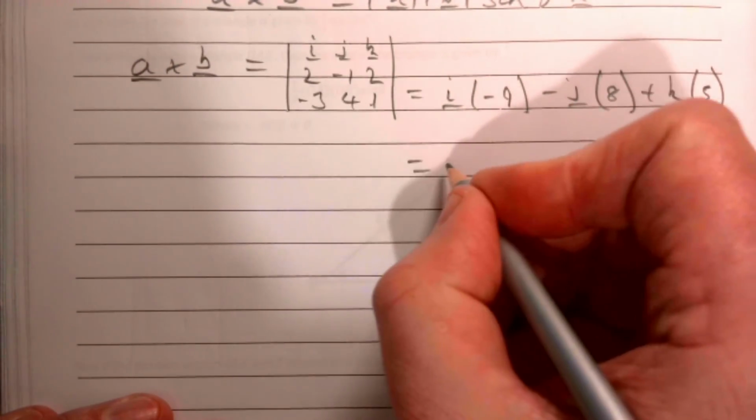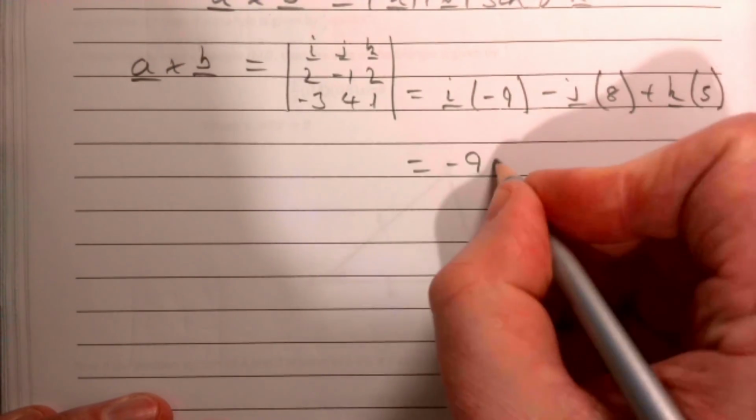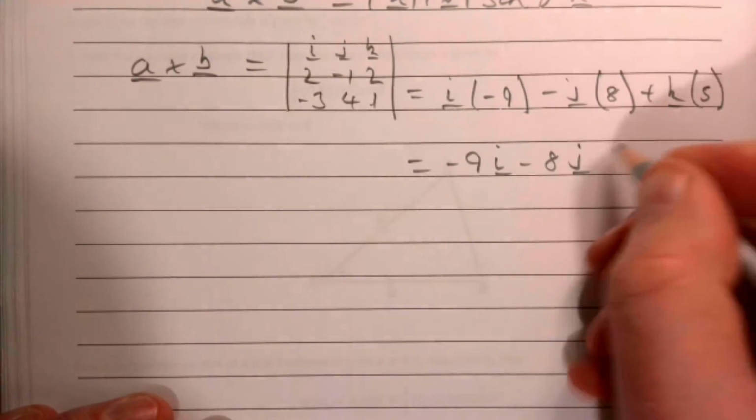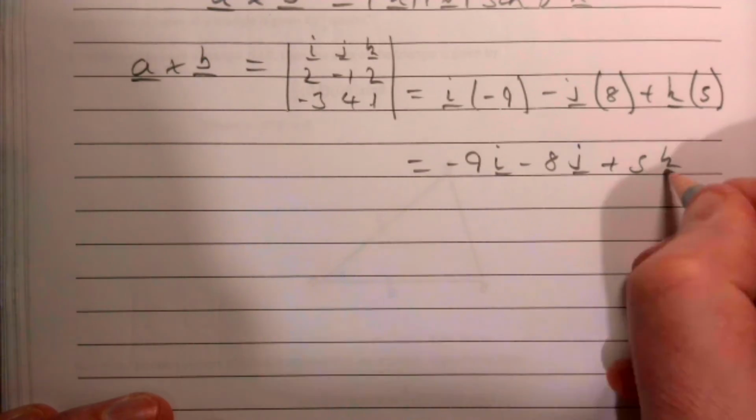So our vector is going to be minus 9i minus 8j plus 5k.